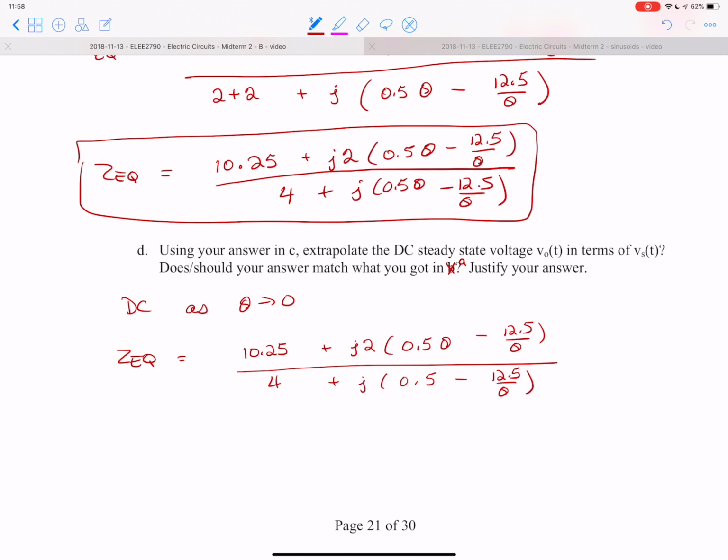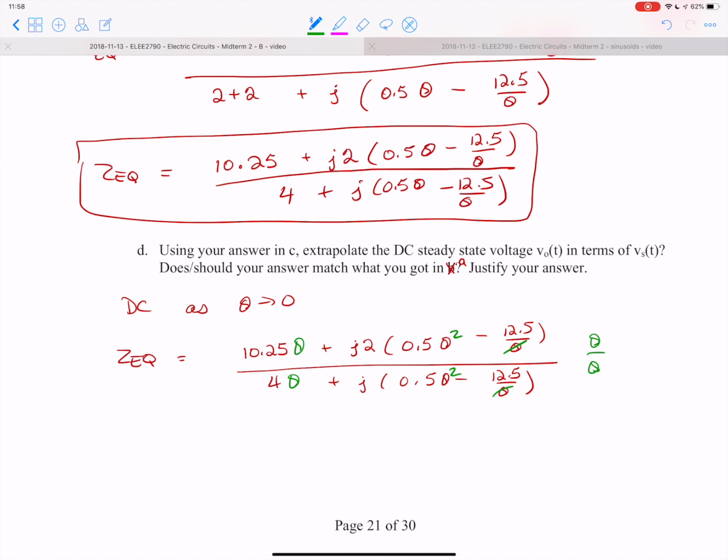Now it doesn't really help us to have something divided by theta, so we're going to multiply top and bottom by theta over theta. When we do that, we get a theta in here, theta squared here, and this disappears. A theta in here, and theta squared in here, and this disappears.